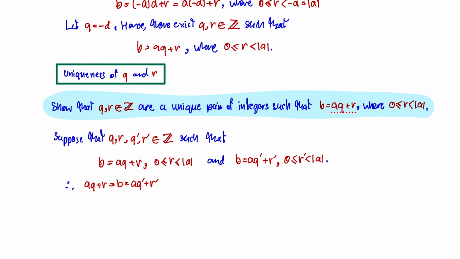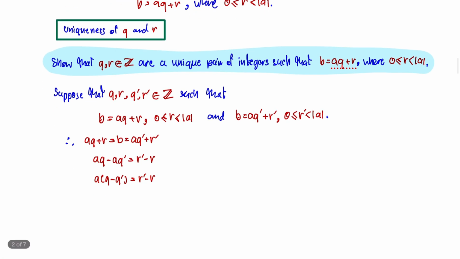I'm going to move AQ prime to the left side. So we have AQ minus AQ prime equals R prime minus R. Then it turns out to be A times Q minus Q prime equals R prime minus R. And then what do we have to do?